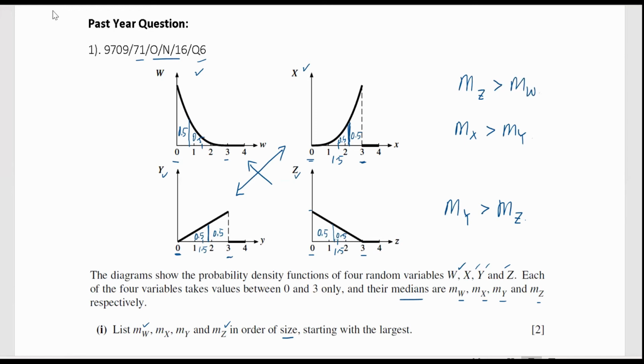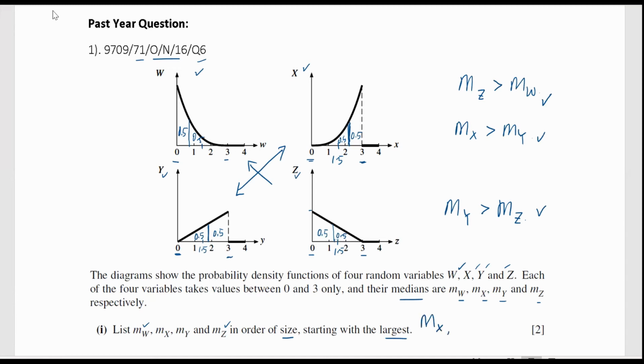So now we are going to list down the medians starting from the largest. As we can tell, based on the conclusion that we obtained so far, the largest median has to be the median of x, right?